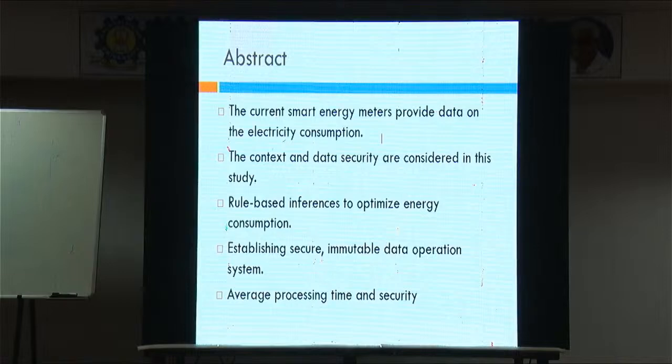We also apply Hyperledger blockchain technology to keep the data safe and secret, because that also affects the customer end. If someone, for example a hacker, injects false data on the electricity consumption, the customer will be affected.